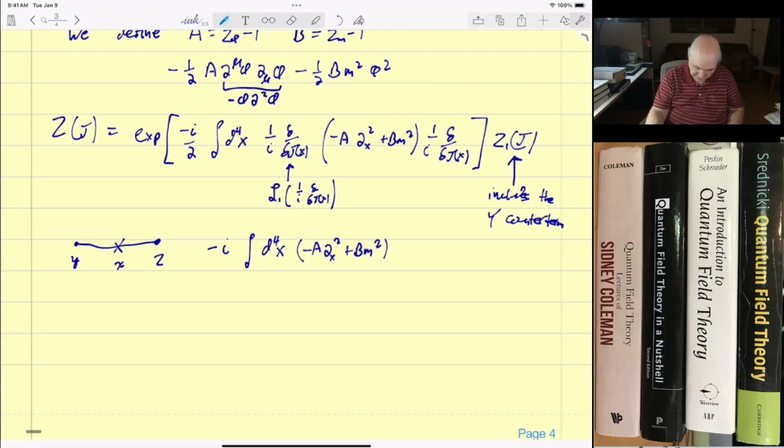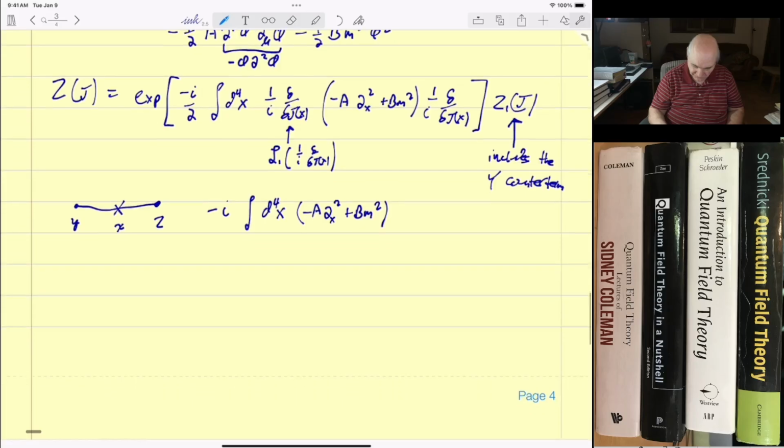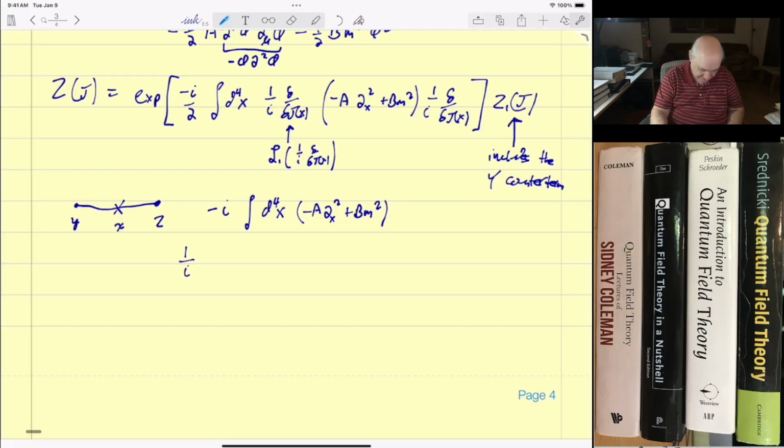Okay. But the important thing is that this acts only once. So for instance, if I have a point y and z, the whole expression here is going to be 1 over i propagator delta x minus y. And then I have minus i, we're multiplying, minus i, the integral of d4x minus a, the partial of x squared, plus bm squared.